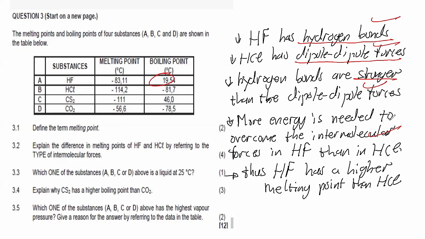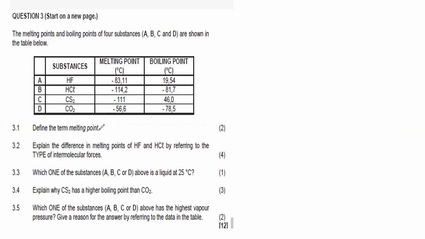Okay, so 3.3 says, which one of the substances, is it A, B, C, or D above, is a liquid at 25 degrees? Now, the way to answer this question is to understand if we are looking for a substance that will be a liquid at 25 degrees Celsius.